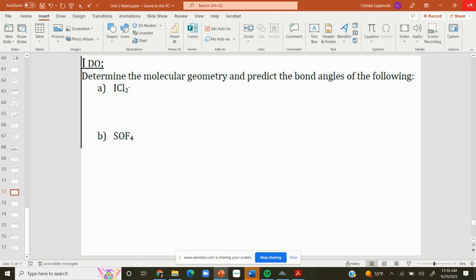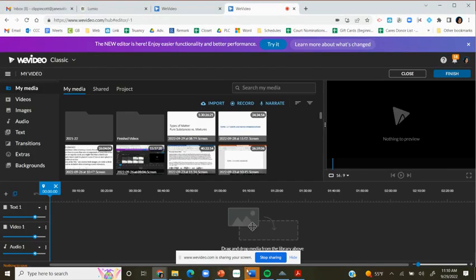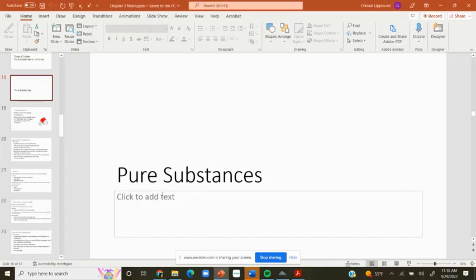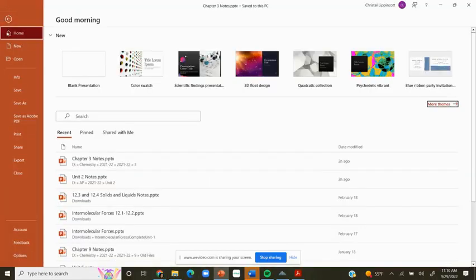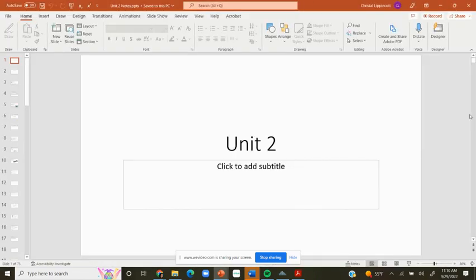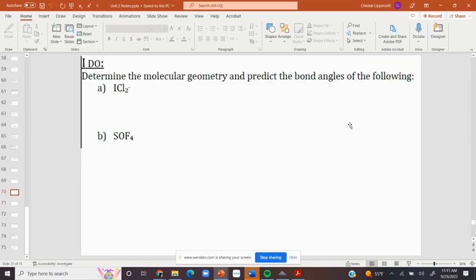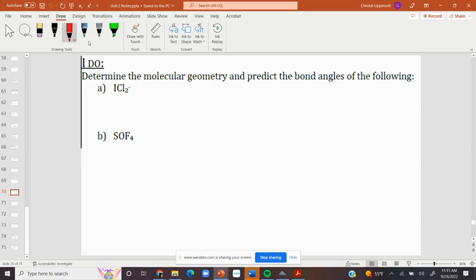I'm going to try closing this program down and reopening it and seeing if that will allow me to draw on this thing again. Okay, here we go. Let's see if this will work now. Use the rainbow one.